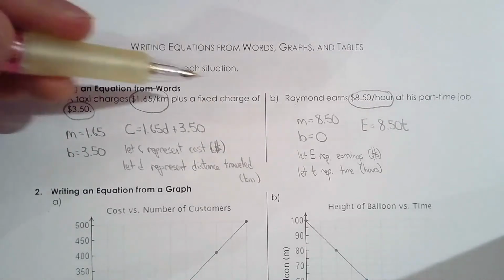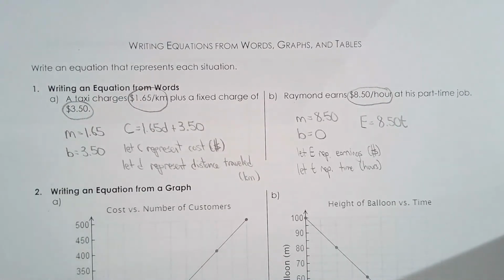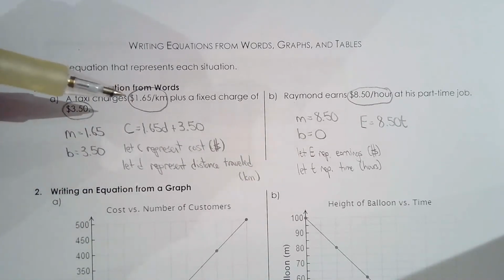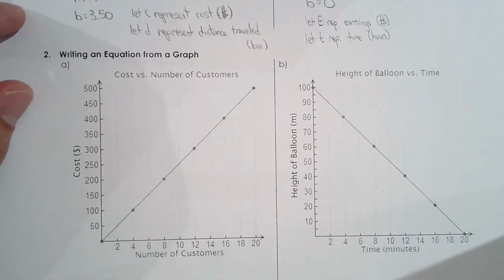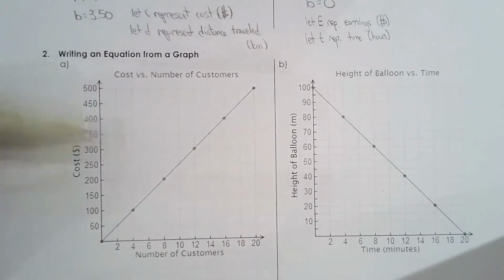So we're going to move on from words, and we're going to start from a graph instead. But I just want to reiterate the fact that no matter what I start you off with, the goal is always the same. We want to be able to extract the rate of change and the vertical intercept or the initial value. Okay? So usually vertical intercept is for graphs, and initial value is from words.